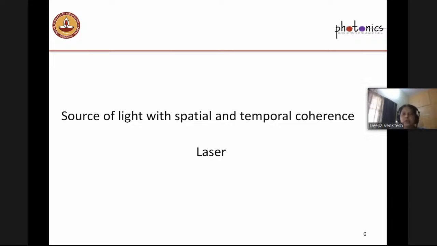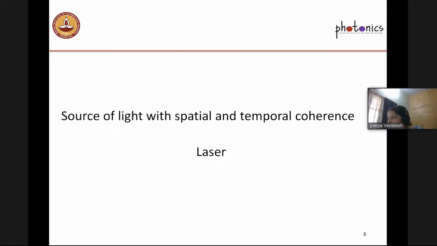So you need a source of light with extremely good spatial coherence and extremely good temporal coherence.